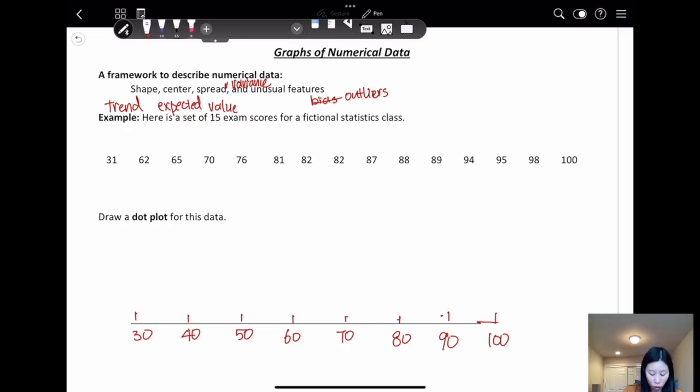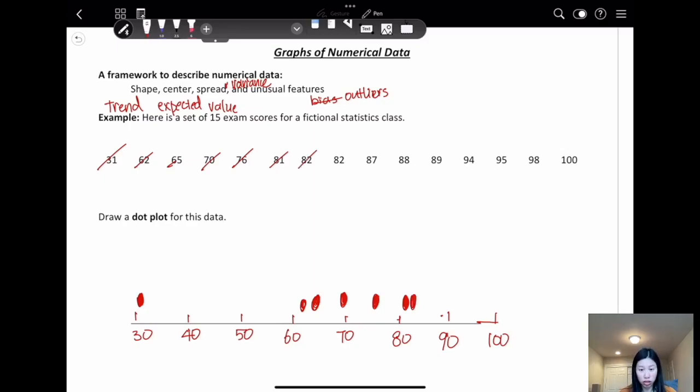So 31 is approximately here. We put a dot. Usually whenever I draw a data dot, I like to cross out the data so I won't repeat myself or miss any data point. 62, approximately here, 65, 70, 76, 81, 82.